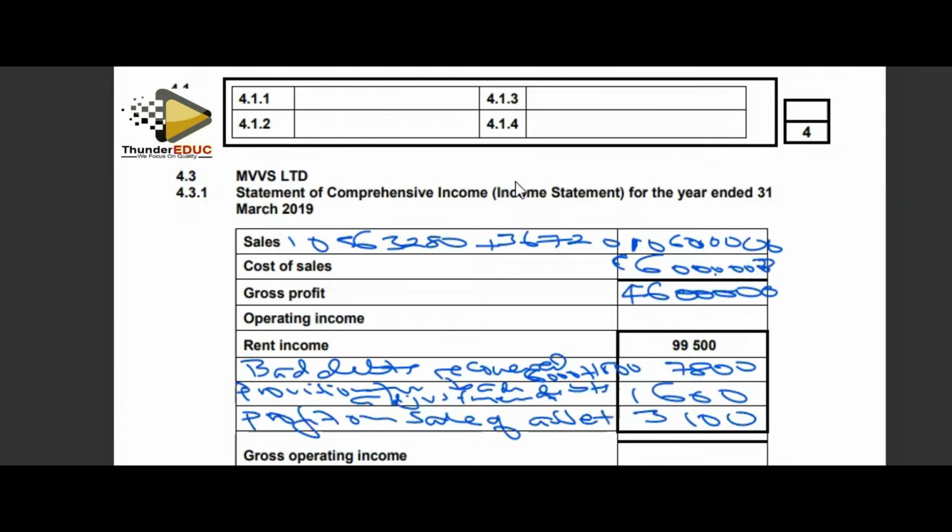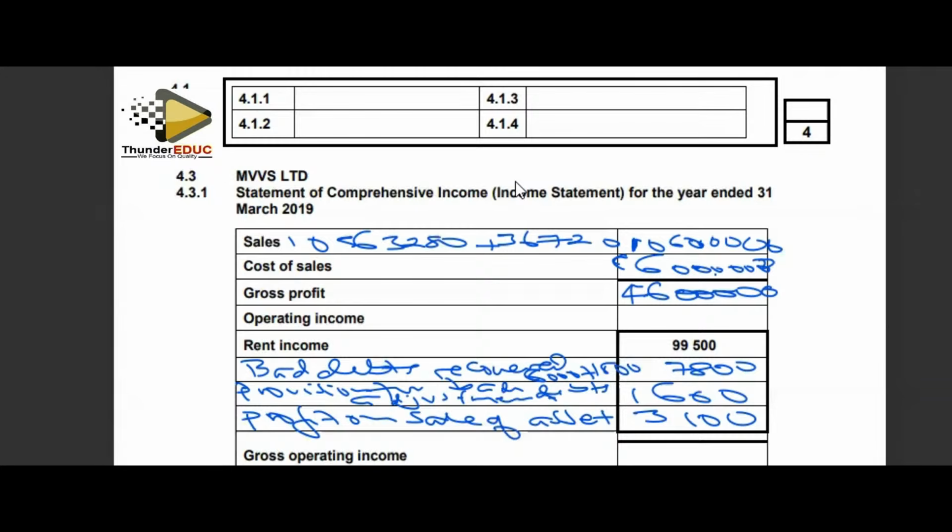So we are going to get our 99,500 plus the rent income plus the bad debts recovered, which is 7,800. What students always do, by the way, is ignore this one which is given to them. Please, they want you to add it there.